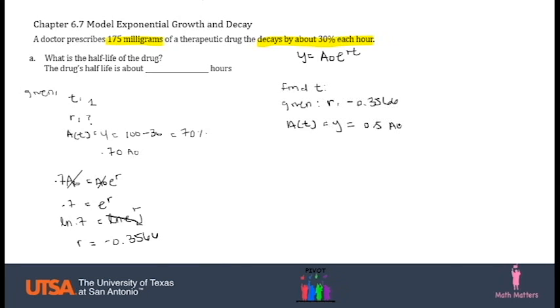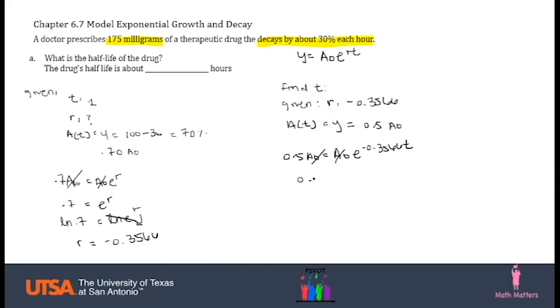So now let's plug these values back into the equation. So we have 0.5 initial equals initial times e to the negative 0.3566t. As we did before, the initial values cancel out.